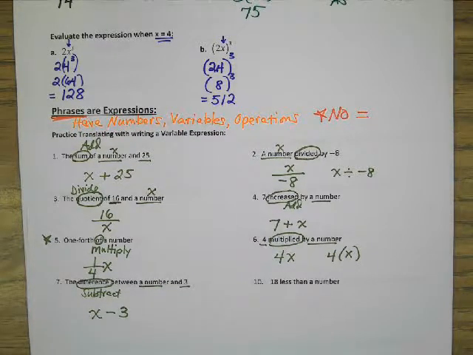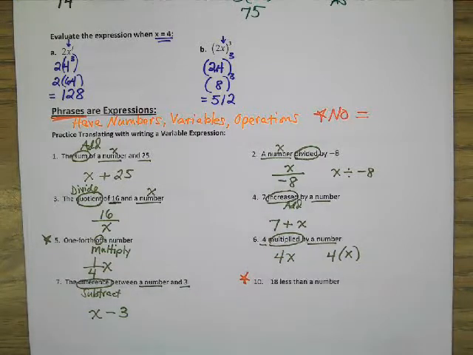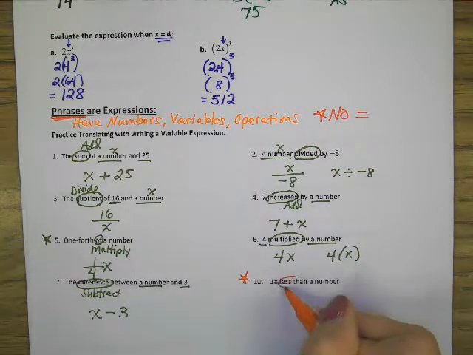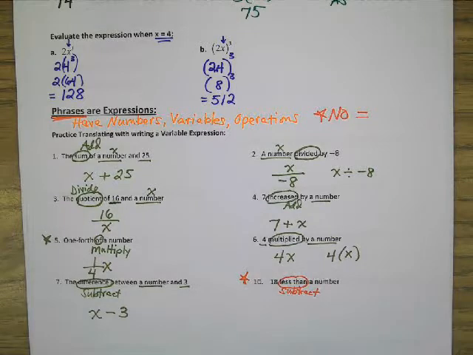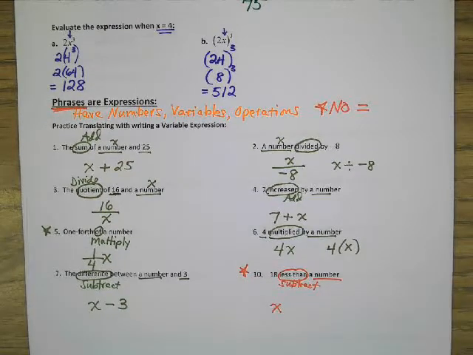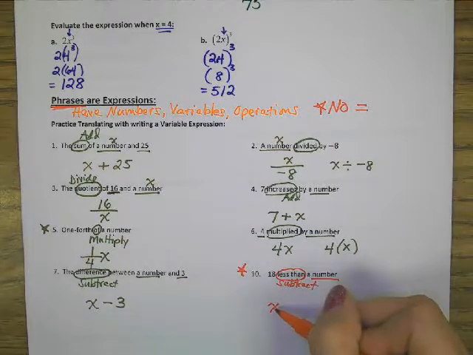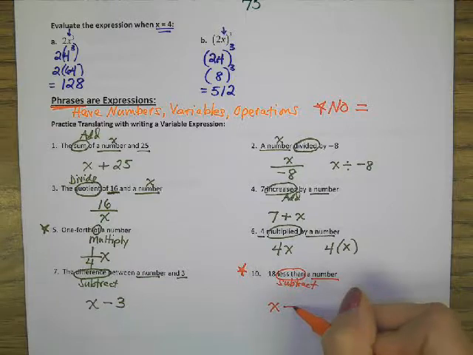Less than. I know that that means to subtract, but remember how less than had to go backwards? 18 less than a number. So let's pretend like we have a number, and I have to go less than that number. There's my number, and I have to go less. I have to make that number go down. And so 18 less always goes at the end. That's definitely one you need to see.